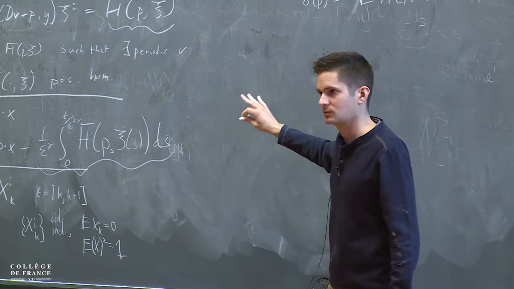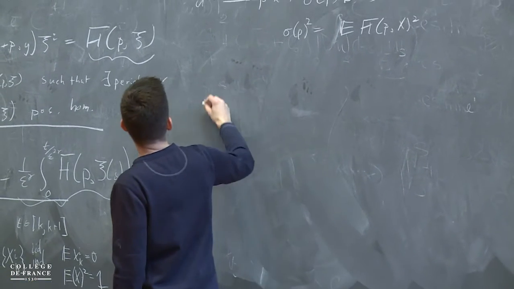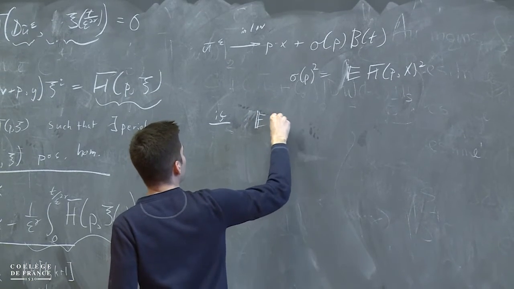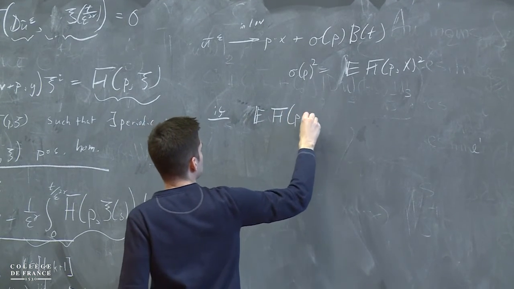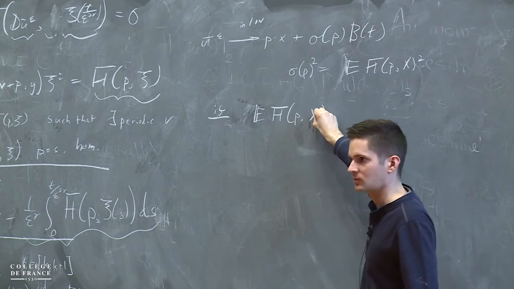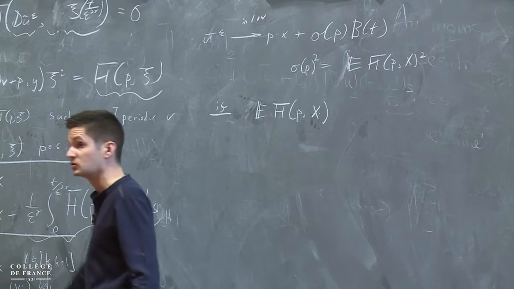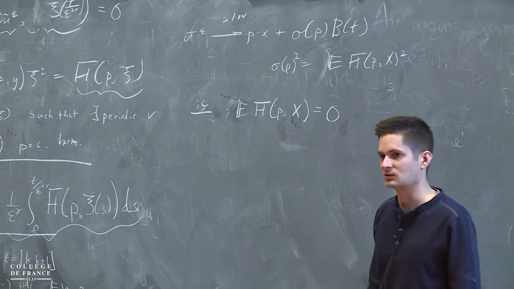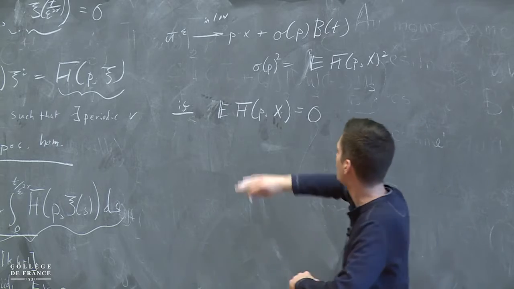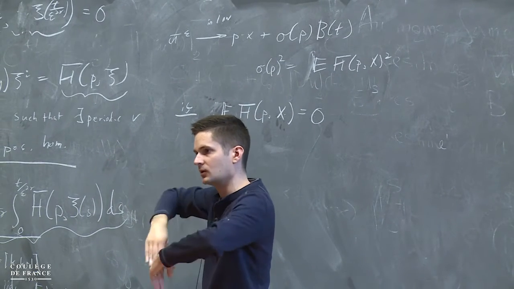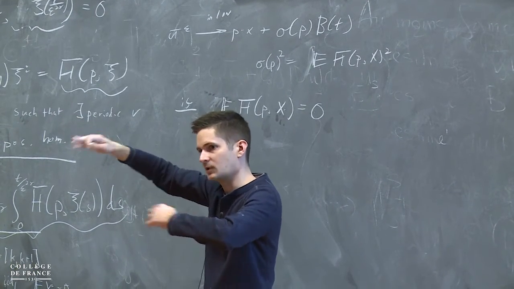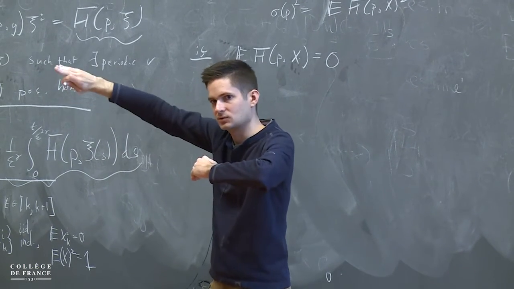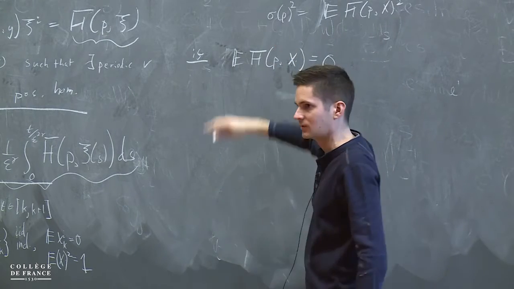Now, this is almost true. This would be true if I knew that if I took the expectation of H bar of x, so if I plug in this random variable x, this representative random variable x that has the same distribution as all these other x's, if I knew that this had expectation 0, right? Because if it didn't, then the scaling would yield some blow up, and you could actually exactly see by how much, by pulling it back, by multiplying by the right power of epsilon, and you'd see some average coming out. But if the average is 0, then this does hold.